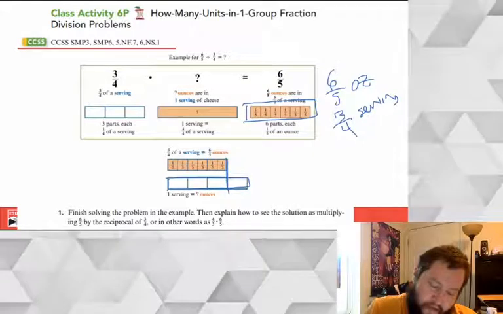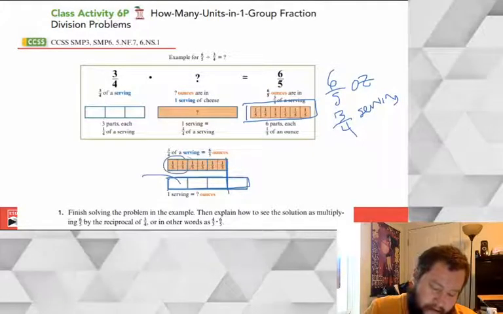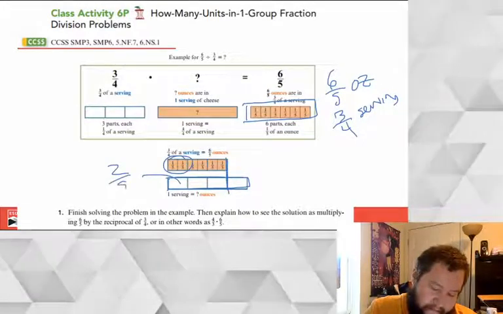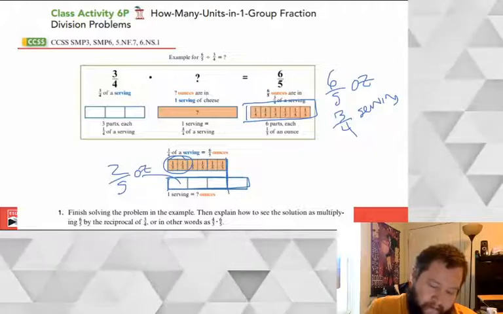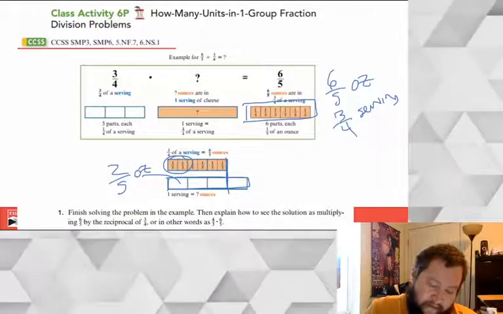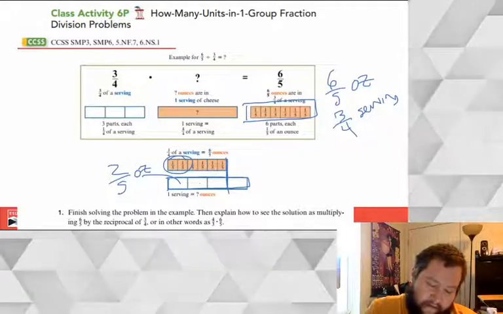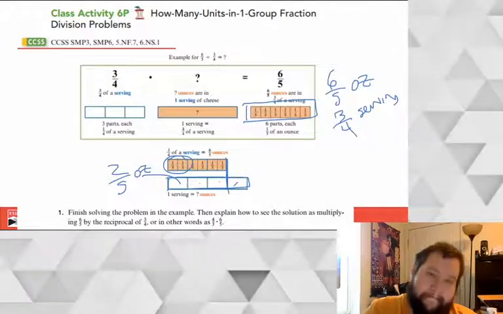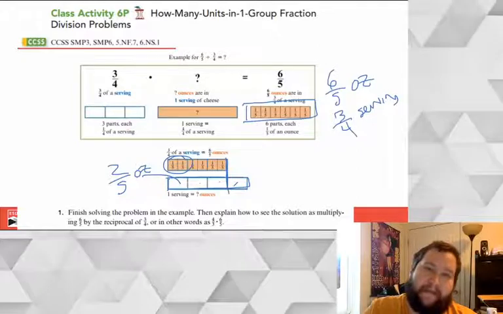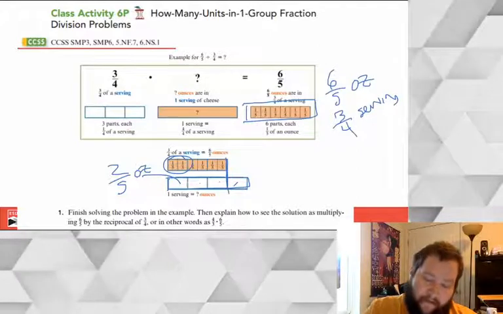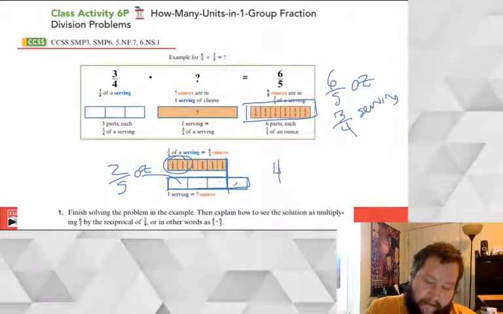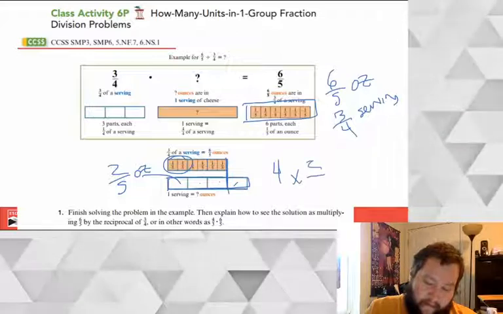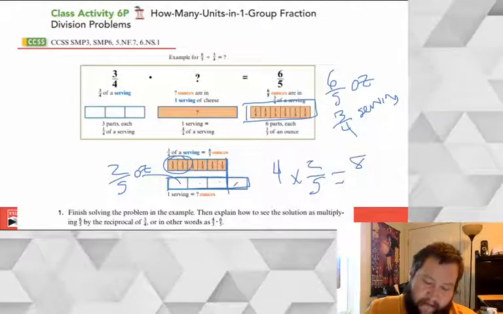That means each quarter serving has 2/5 of an ounce. So we have 2/5, 2/5, 2/5, and 2/5 in each. So we have 4 times 2/5, or 8/5.